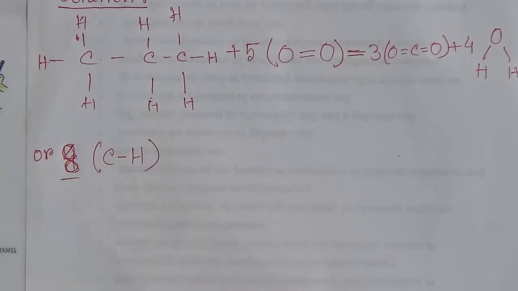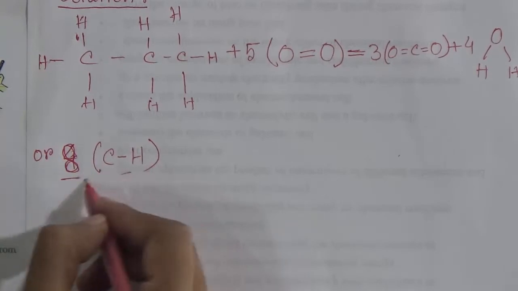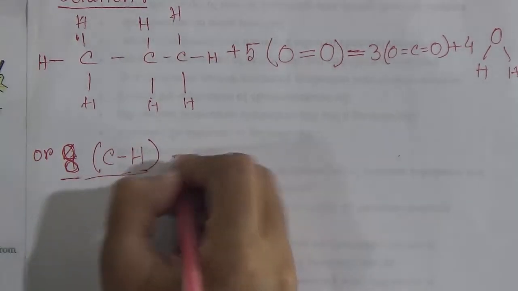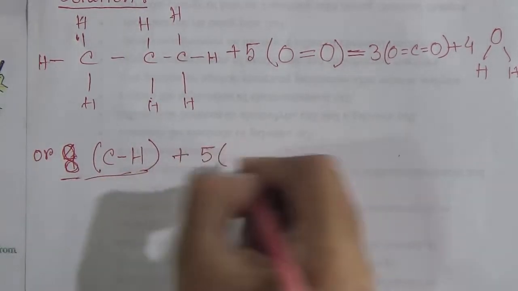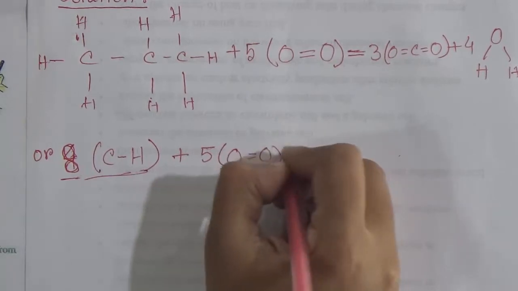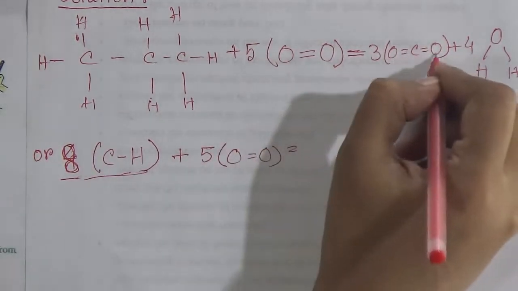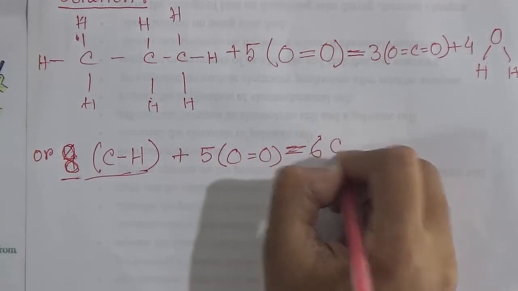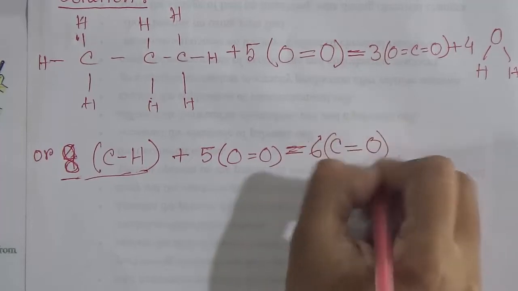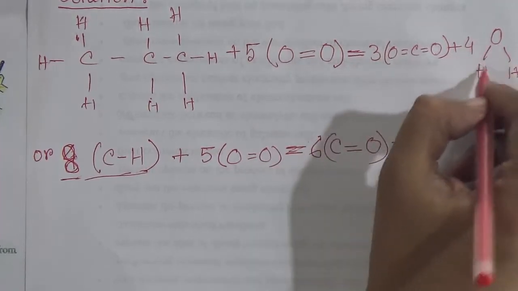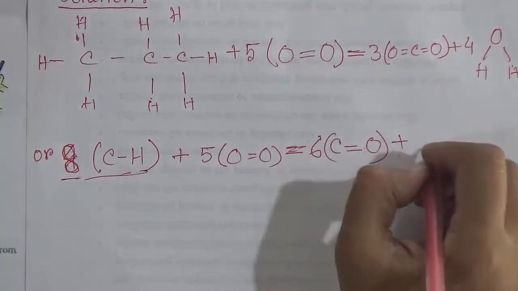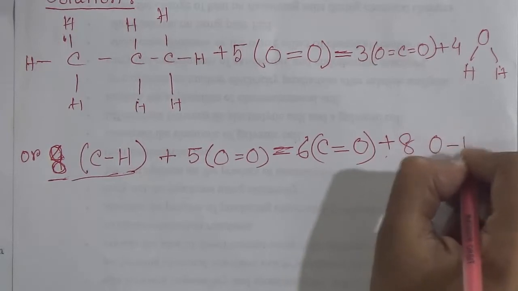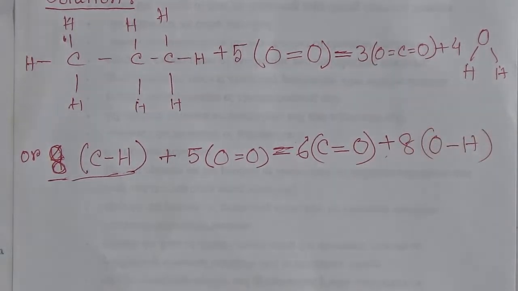This 8 is the number of moles. This is 8 moles of C-H bond plus 5 moles of oxygen bond is equal to 1, 2, that means 3 times 2, 6 moles of carbon-oxygen bond plus here 1 and 2, 2 times 4, 8 moles of oxygen-hydrogen bond.